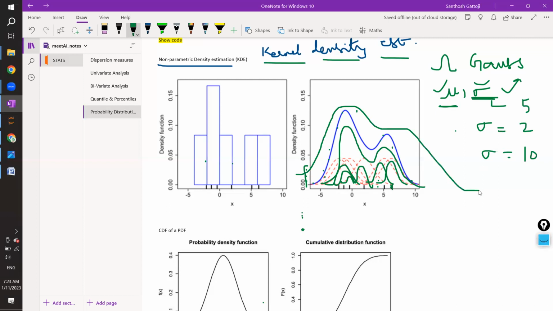Trying to understand, because this graph is just a resultant of these individual small graphs, and these small graphs are coming up with two values, mean and standard deviation. So if your mean is fixed and you're playing with the standard deviation, the graph also changes its shape. If you take smaller and smaller standard deviation, the graphs become thinner and thinner.